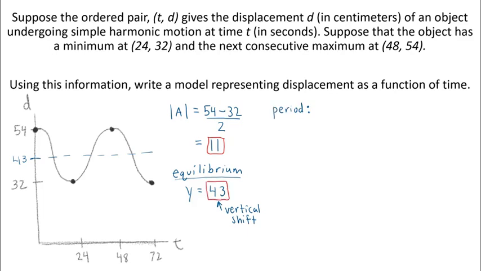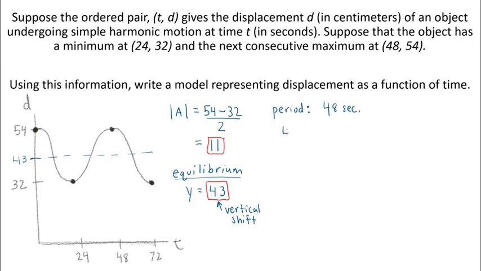Now let's find the period. This looks like a cosine curve. So as we complete one cycle of the cosine curve, we notice that it takes us 48 seconds to complete one cycle. So the period is 48 seconds. And then we can use the period to help us find our omega, or b, because we're going to need that to write the equation for this function.